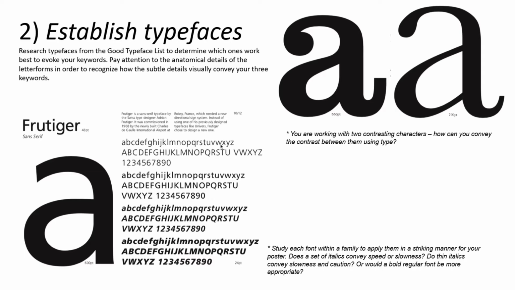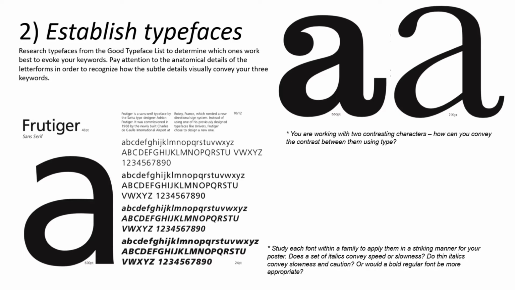So this one is like a thin version of this Frutiger, and then this is a medium, and then this is an italicized medium, and then italicized bold. That's what the specimen sheet is about. It's to help you decide what each font looks like whenever you select them. So you'll study each font within a family to apply them in a striking manner for your poster.